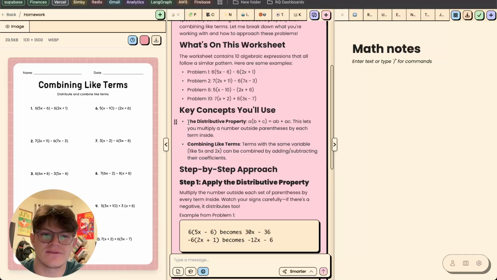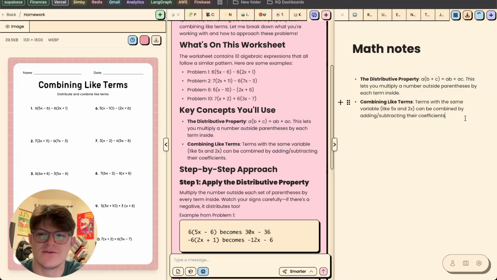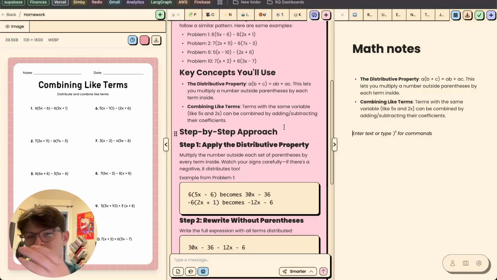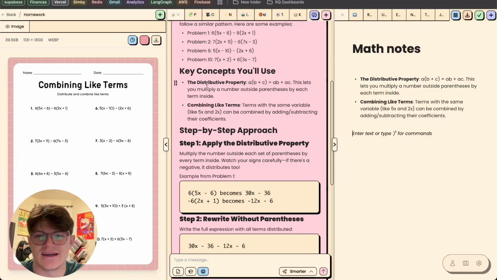Something really helpful is to highlight these two things and drag them over to the side into your notes, so we have good definitions of the distributive property and combining like terms that we can continually reference outside of the space of the AI.